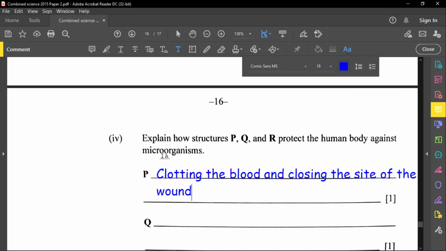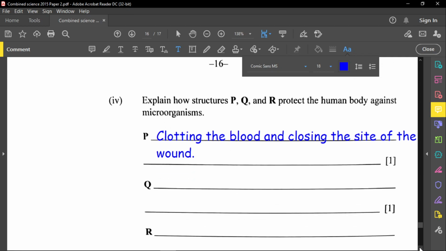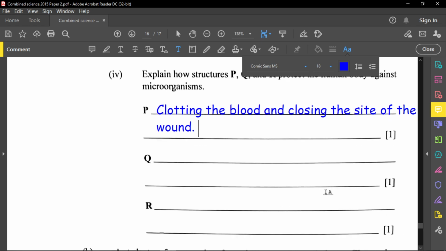So wherever you get a wound, the site there will be closed. When the blood clots, it closes it. Once this site is closed, then it's more difficult for microorganisms to enter the body, right? So that's the first defense when you get a cut, to clot the blood so you do not lose blood cells. You stop the bleeding, and because the bleeding is stopped, secondarily, it will also prevent the microorganisms from entering.